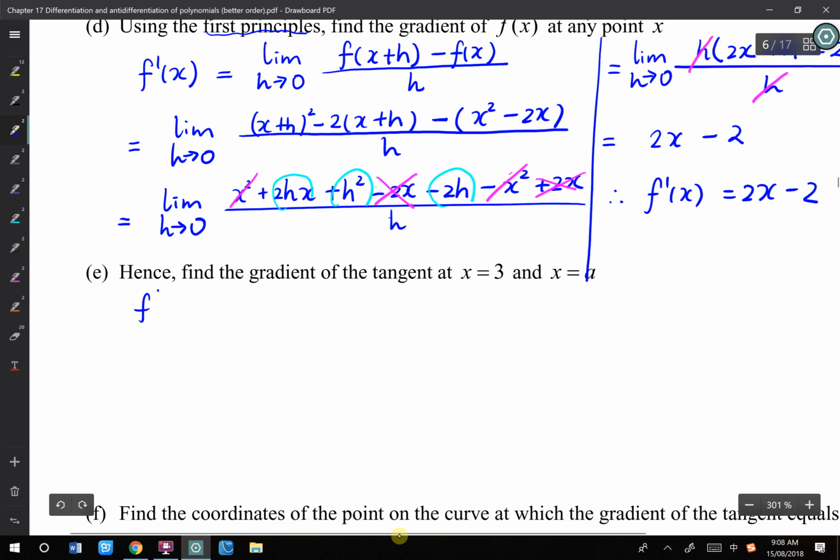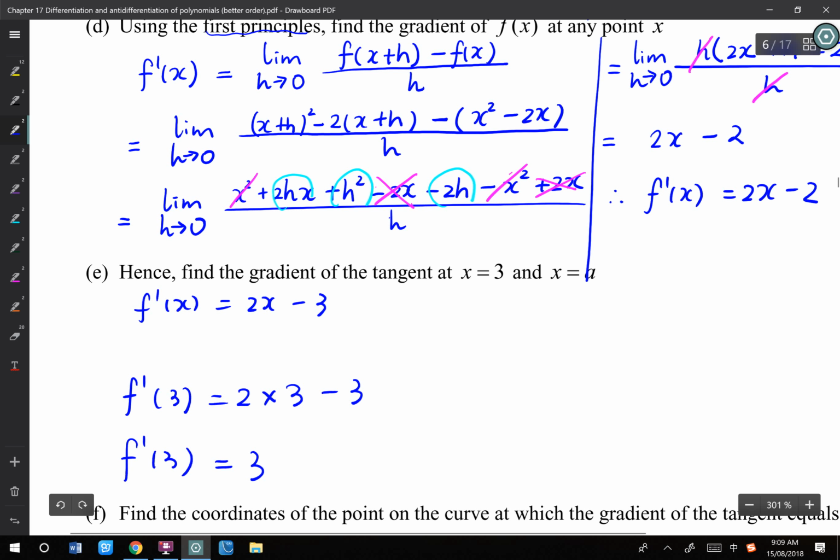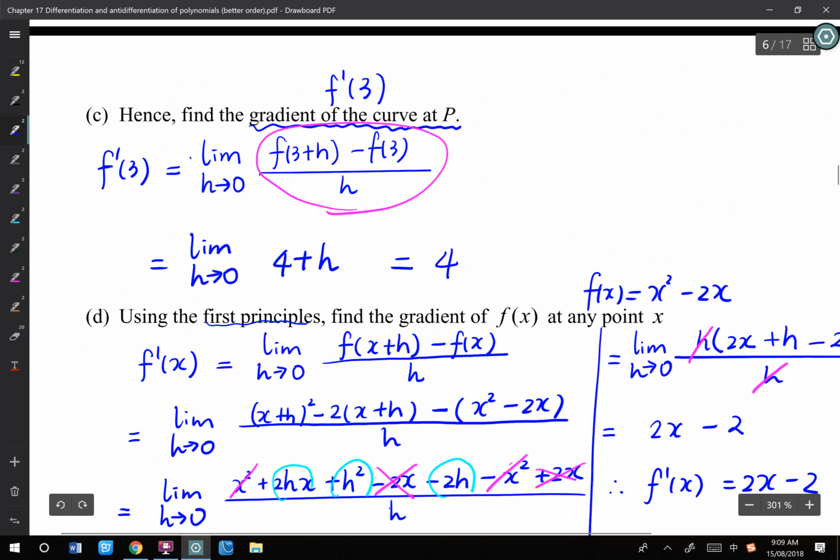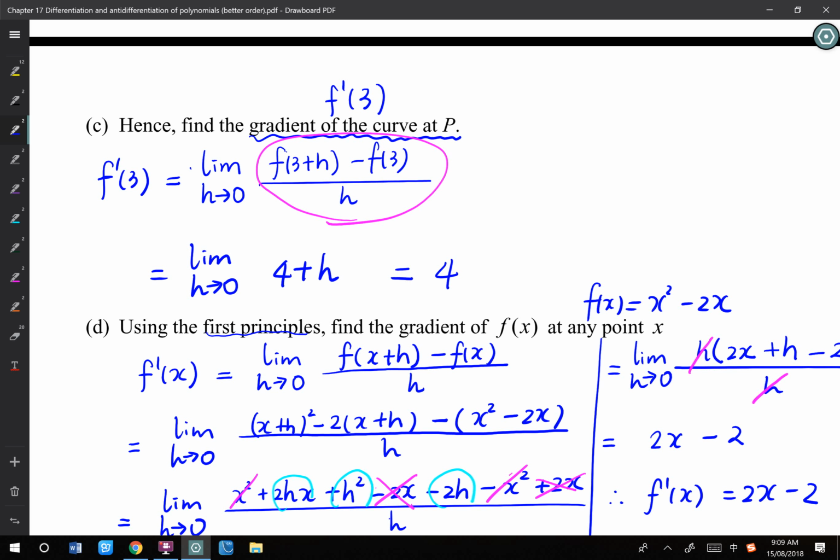So because f dash x equals 2x minus 2, f dash 3 equals 2 times 3 minus 2. Oh, sorry, that's 4. So you can see that's the same as answer C, which means it should be right.